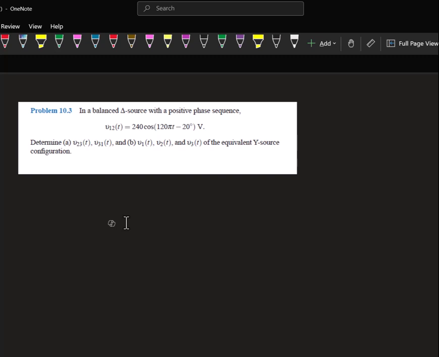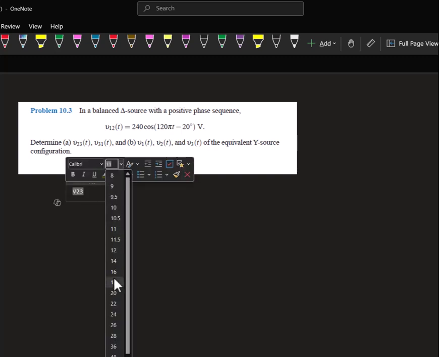Okay, so we have a balanced delta source with a positive phase sequence, and we want to get from that V23, V31, and then V1, V2, and V3 of the equivalent Y. Okay, so for V23, what's going to be the same and what's going to be different?